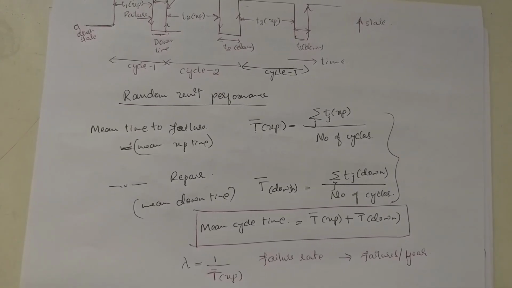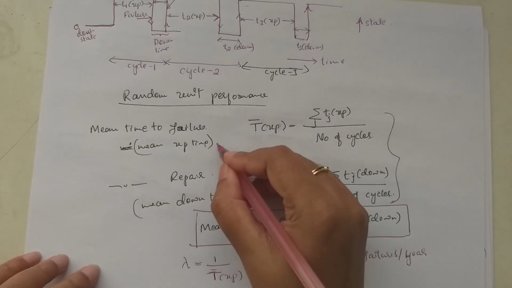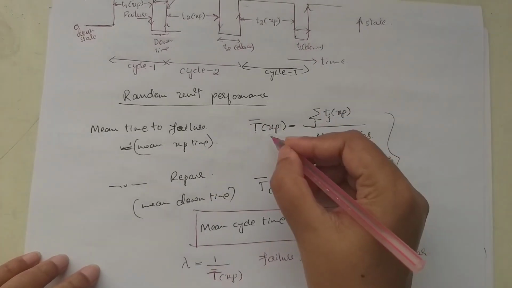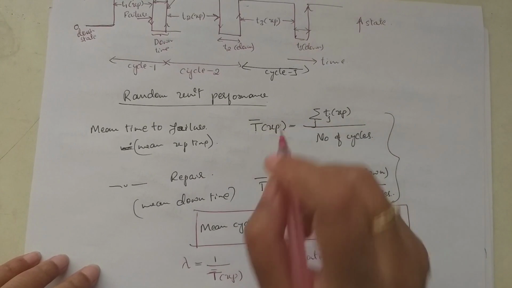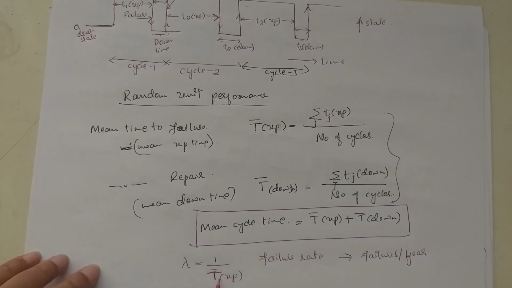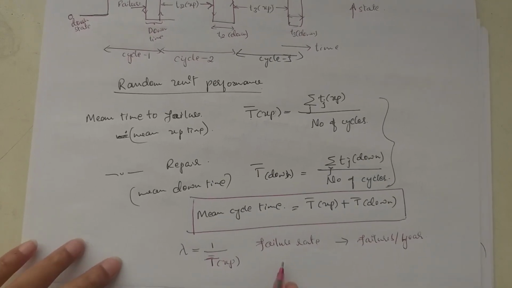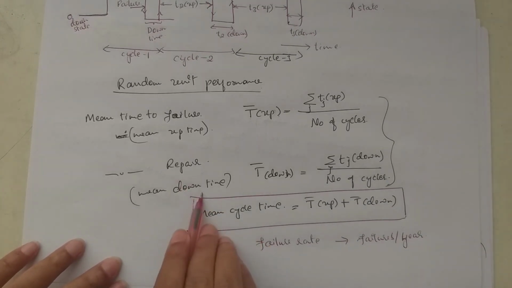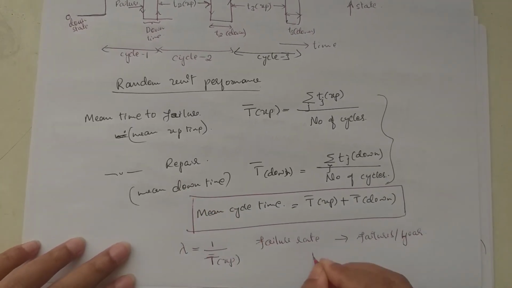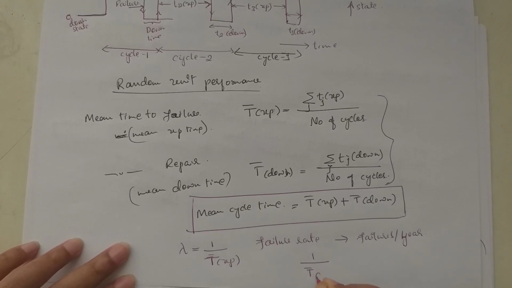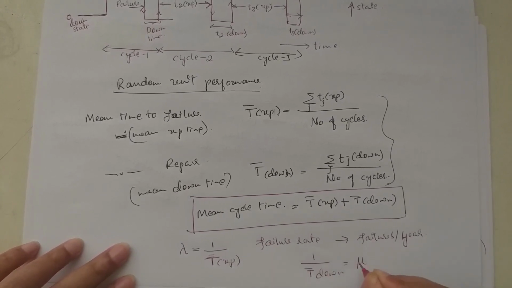The inverse of the mean uptime is called the failure rate. The unit is failures per year. Similarly, the inverse of the mean downtime, which is 1 divided by T down, is called the repair rate.